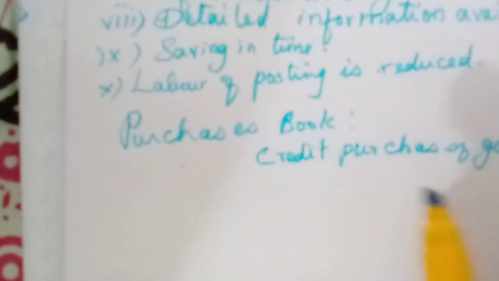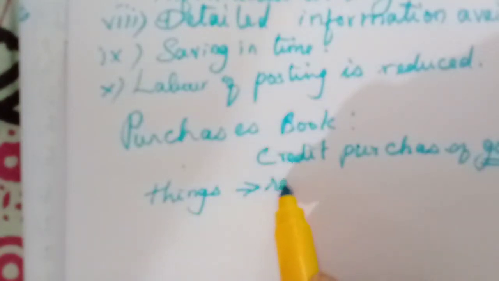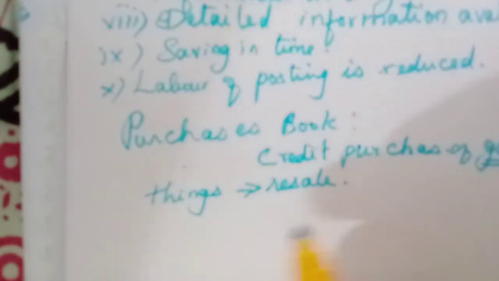Here you should understand the meaning of goods. What are goods? We have already learned in the first lesson: goods are the things that we purchase for the purpose of resale. Here assets are not included.